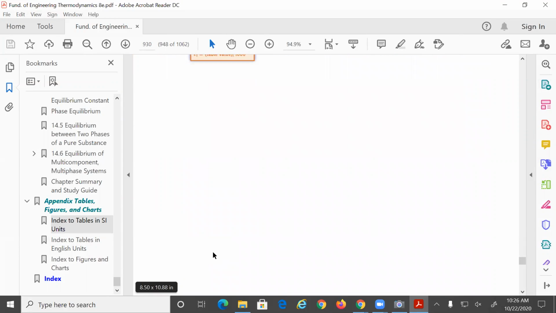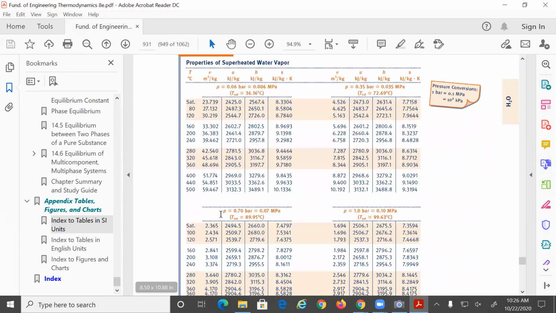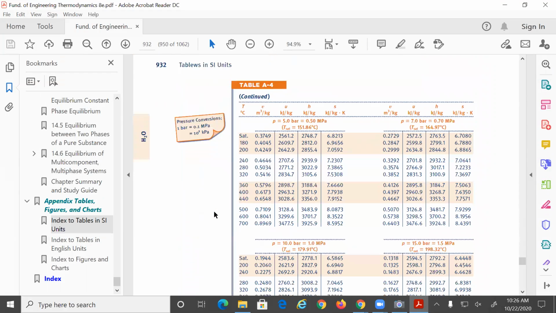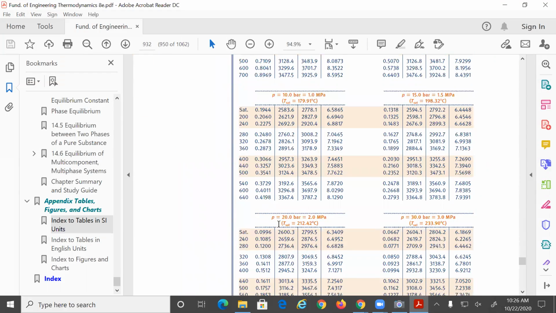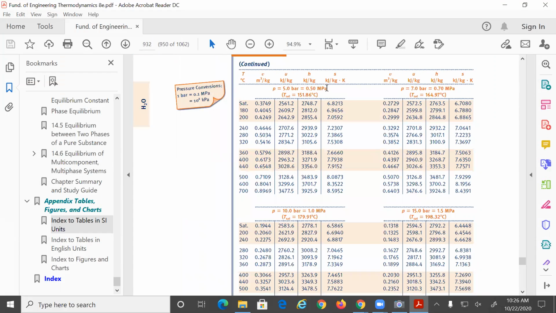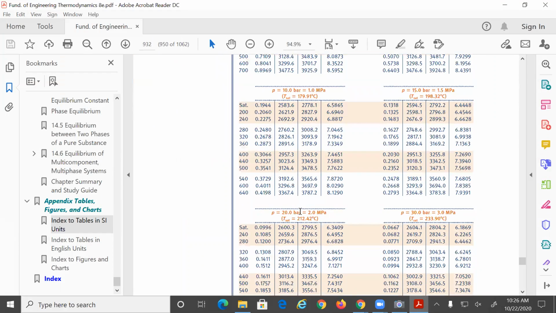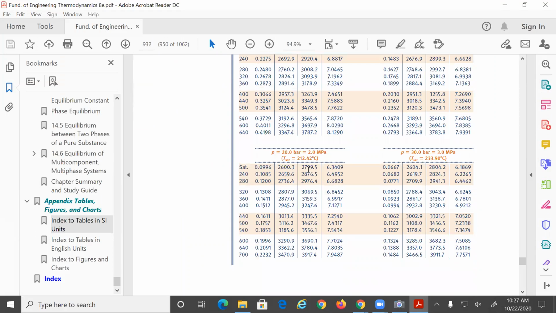So if it's superheated, we go to table A4 at 20. At 20, which column are we looking for? The before last, okay? So at 20 and a temperature of 600, we get a value of 3,690.1. So from table A4, we find that H1 is 3,690.1.